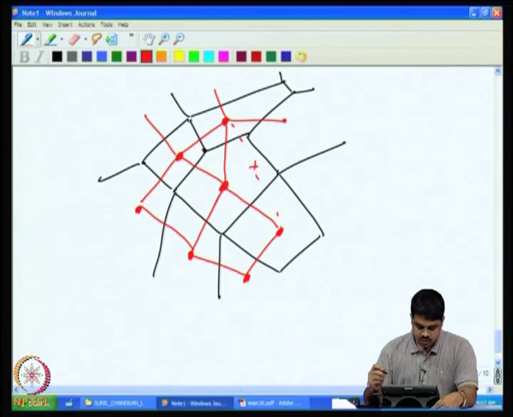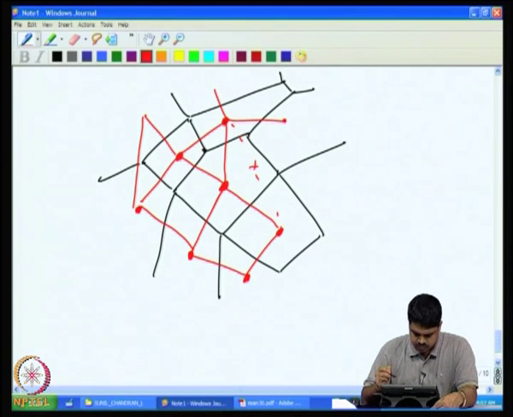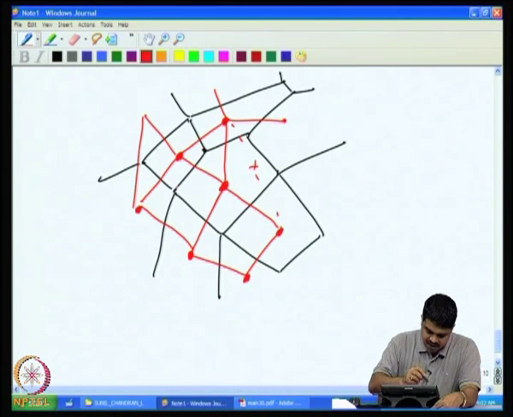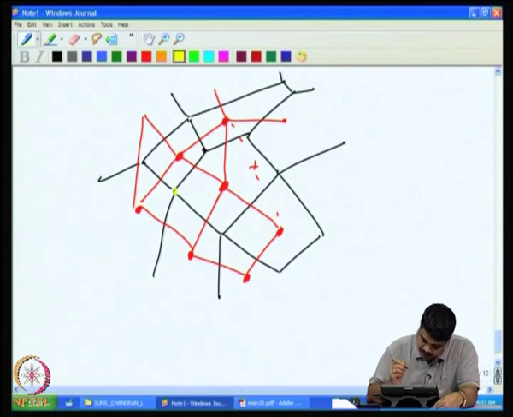Now, the point is that if you want to vertex color the given planar graph, you can in fact concentrate on the dual and color the faces of it, isn't it?